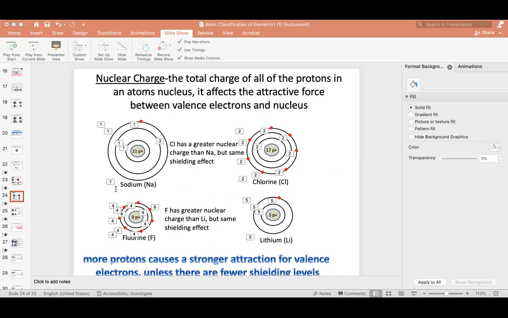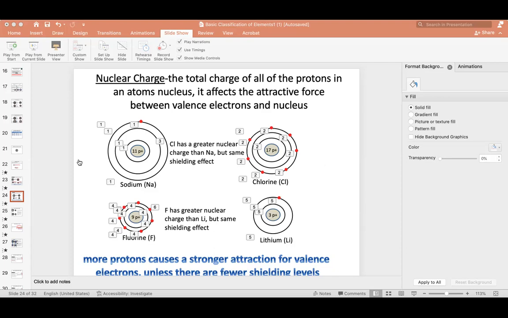Calcium would require 4 rings, so the shielding effect would be a little bit greater. Iodine would be a very large atom compared to these others. The shielding effect would be very strong. So the shielding effect, from lowest effect in shielding to highest effect, there is the ranking order.